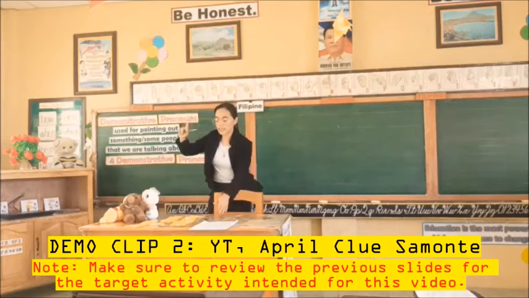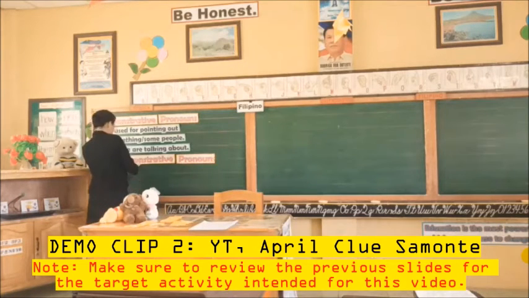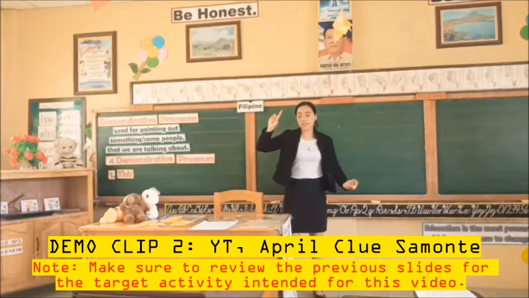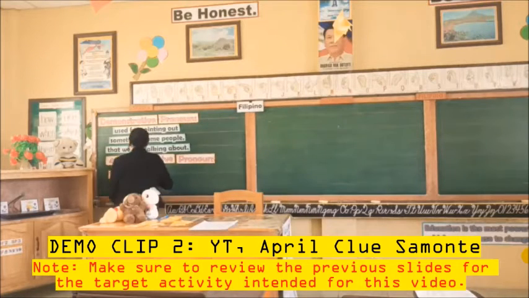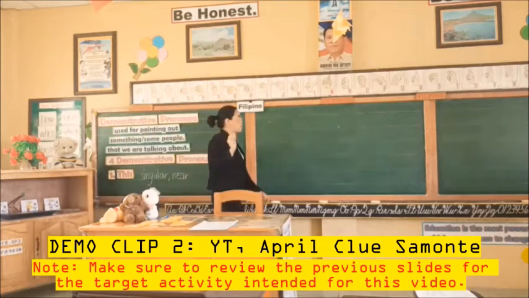The first one is, yes, very good, this. And when should we use this? Yes, if it is singular, and is near from you. Okay, singular and near from you.